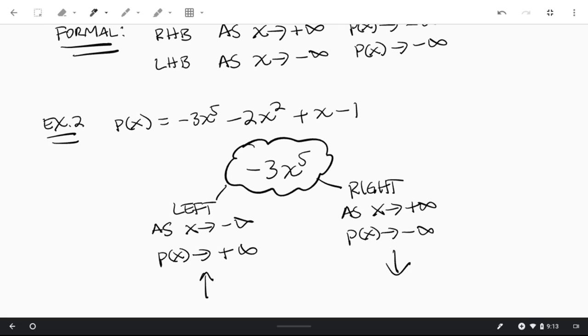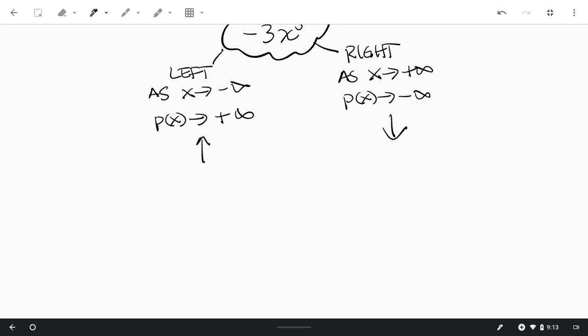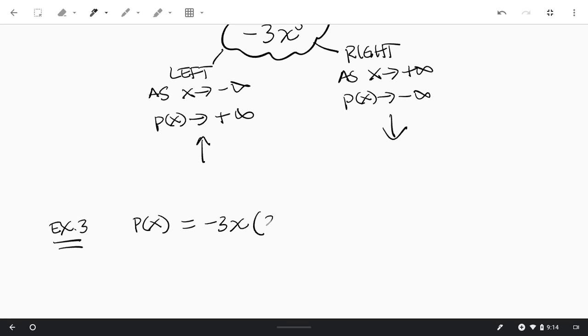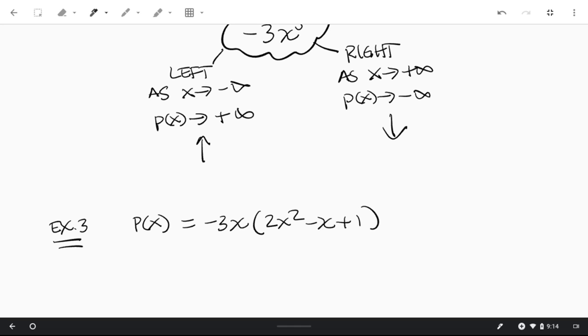All right, let's do another one. Suppose your polynomial is written like this. Negative 3x, parentheses, 2x squared minus x plus 1. It looks a little different from the other one.